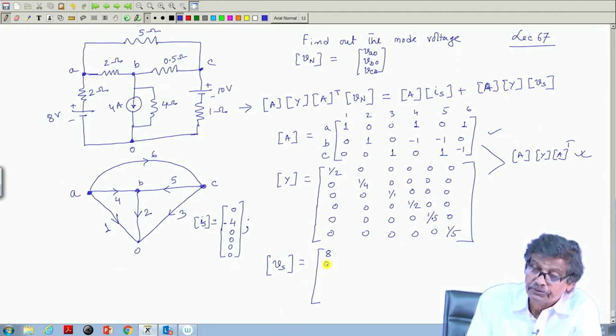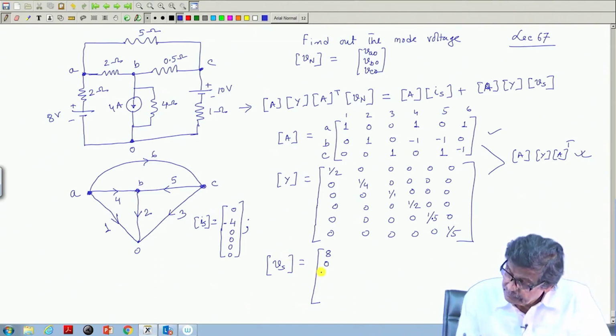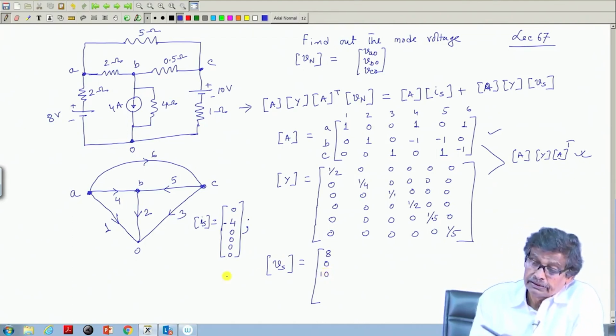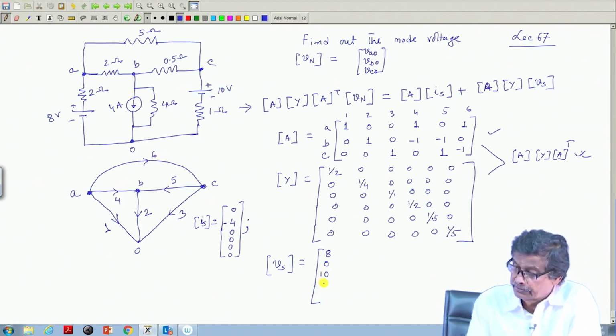So, that will be 0. Element 3, there is a voltage source which should be plus 10, is it not? Plus 10. Element 4, 5 and 6 have got no sources. So, other 3 will be 0. So, this is the Vs matrix.